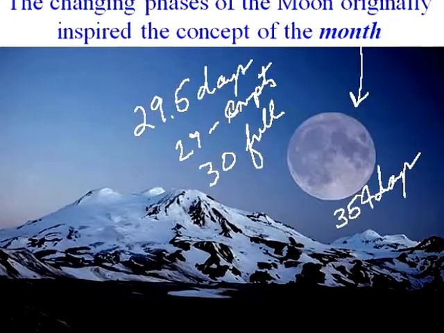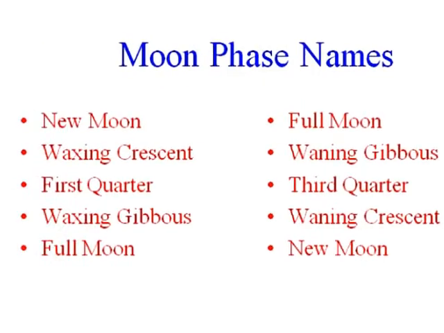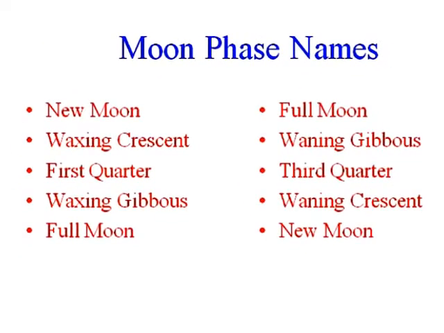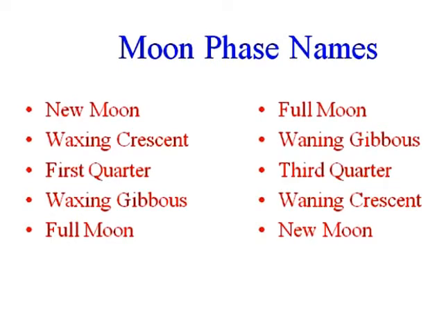Many religious calendars are based upon a 354-day calendar based on 12 moon phases. The moon phase names are this. The cycle typically starts out with the new moon phase.